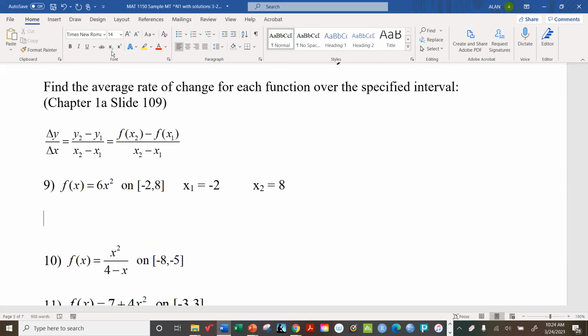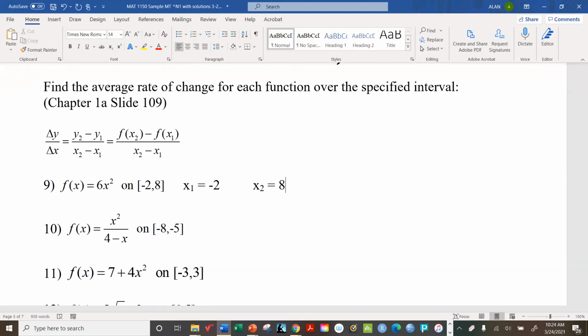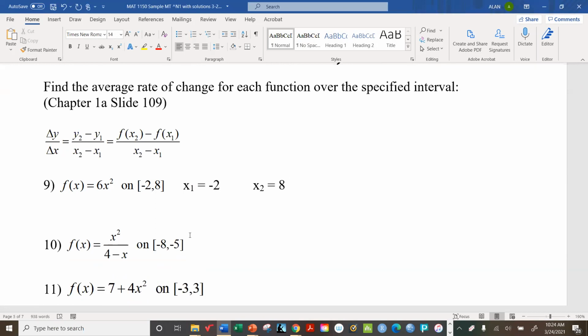So that's what this is telling me. It's this function over this interval. We have to figure out for ourselves the values of f of x1 and f of x2 before we apply that formula. Yes, we have to do everything ourselves around here.